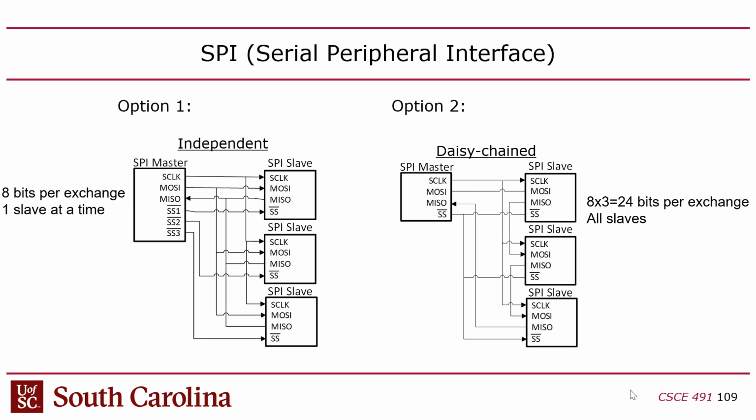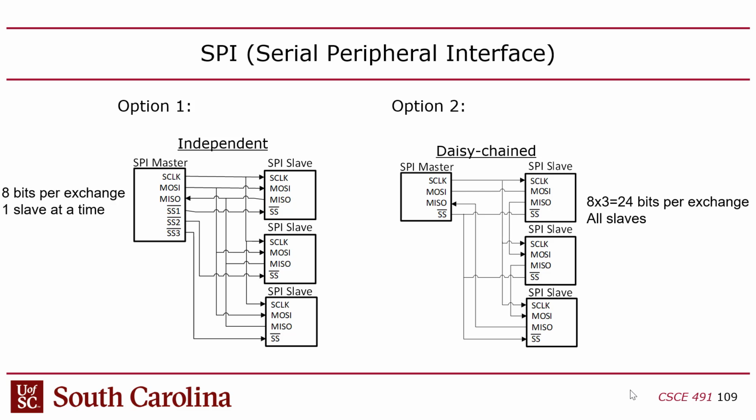Because I'm going to take whatever's in the master and first move it through the first slave, then the second slave, and then the third slave, right? So all four of these devices will cycle 24 bits through instead of 8 when you have one. So I'll have 24 bits move through the shift register.